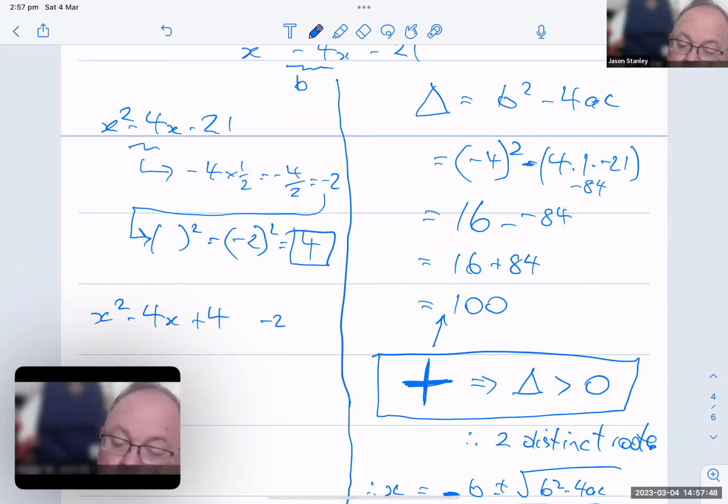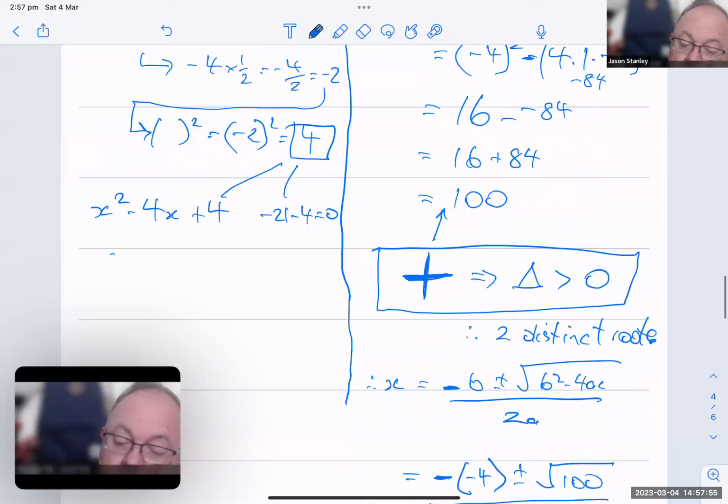Now I've got to do -21 minus 4 because you can't plus and minus. Got to balance it. So this is a perfect square now. And it's going to be that -2, isn't it?